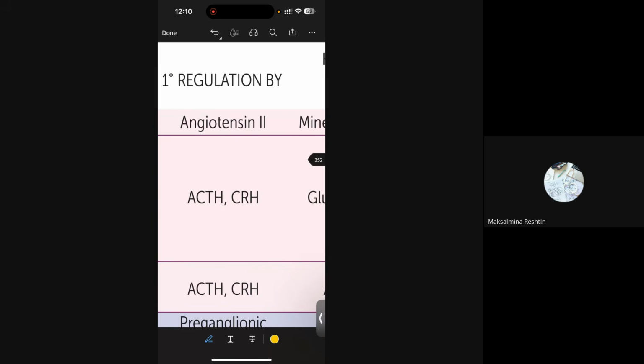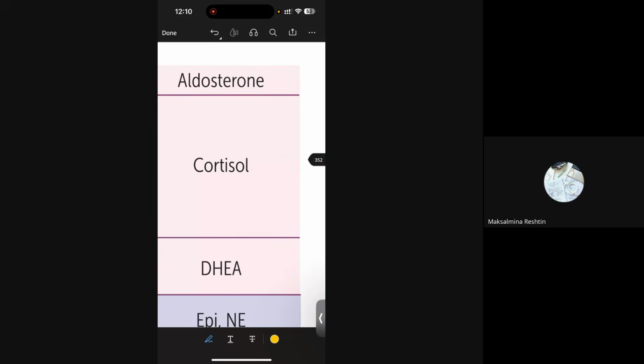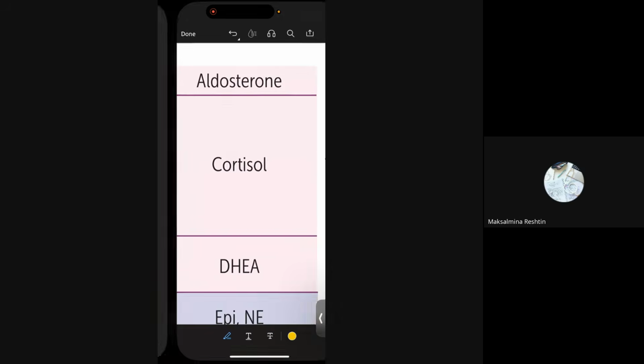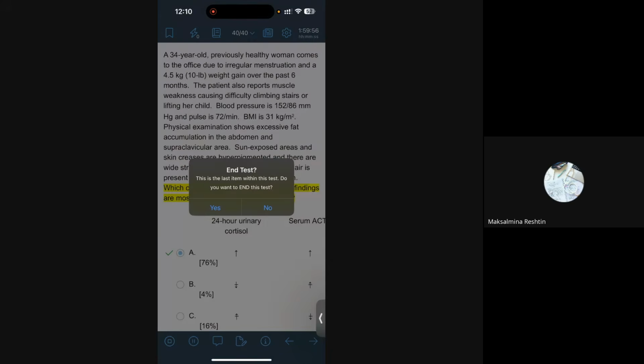It is only going to be high when the main pathological site is within the adrenal cortex. Increased ACTH also increases DHEA levels.